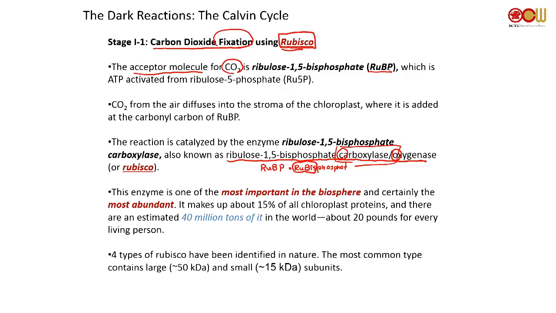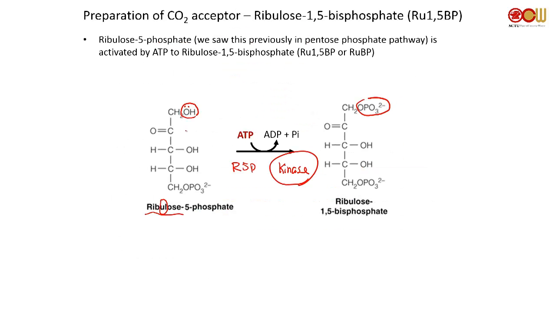In the dark reaction, CO2 from the air will diffuse into the stroma of the chloroplast, where it is added at the carbonyl position of RuBP, this guy.